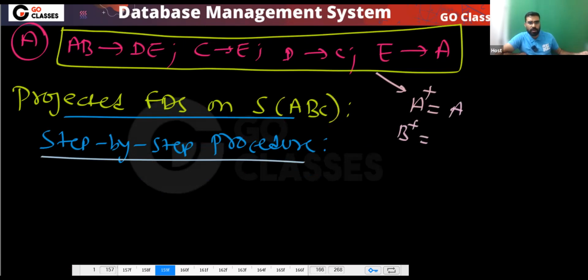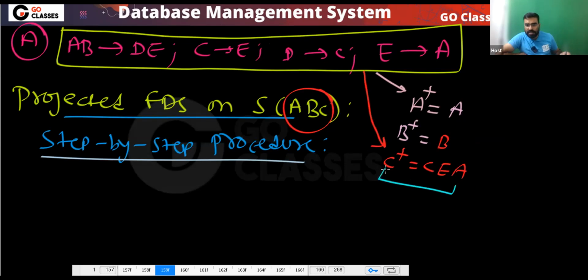So A closure is A. B closure is also B. What is C closure? C closure is CEA. That's it.